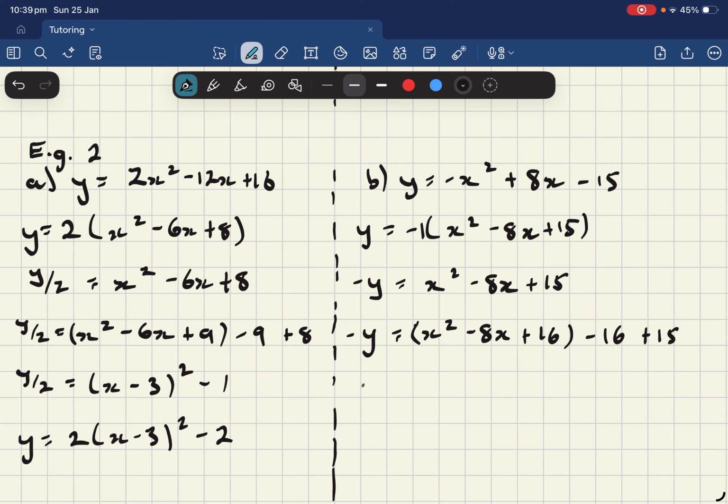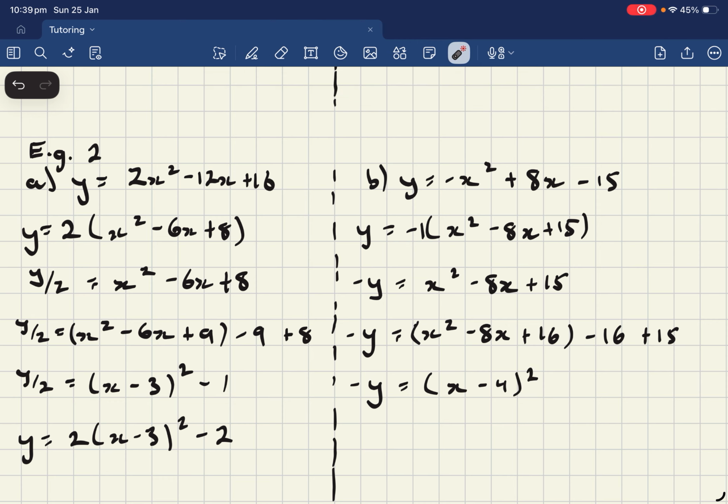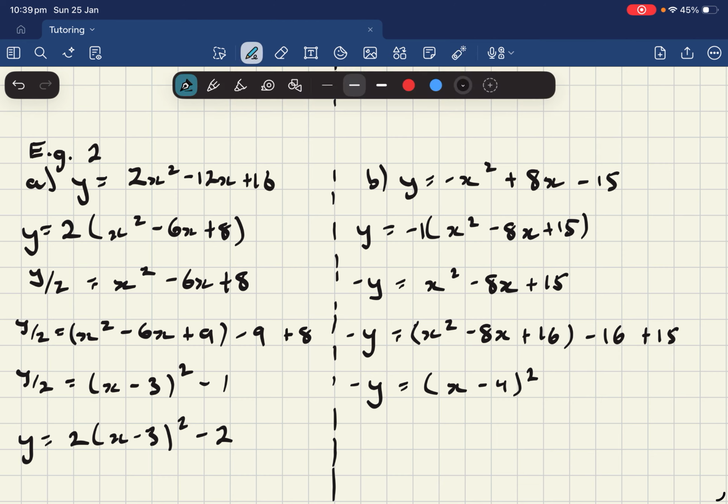So what that gives me is this guy will simplify to x minus 4 all squared. And remember, if you've completed the square correctly, your thing here should always factorize down to a perfect square. That's why we're completing the square in the first place. So it can factorize down into a perfect square part.